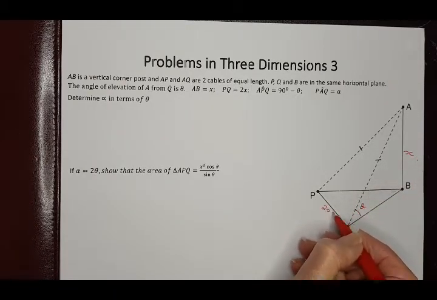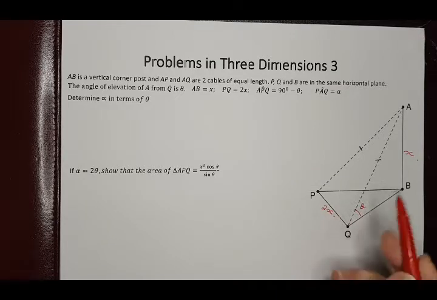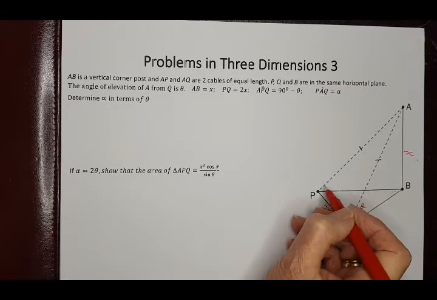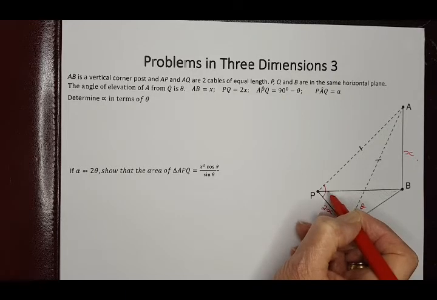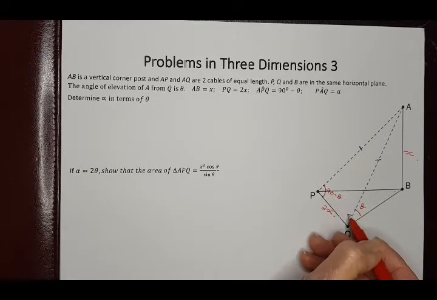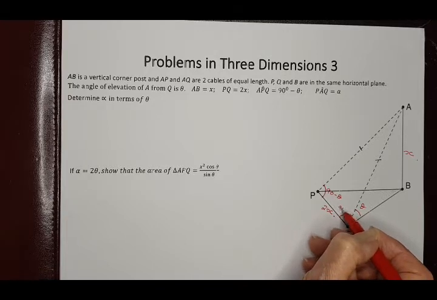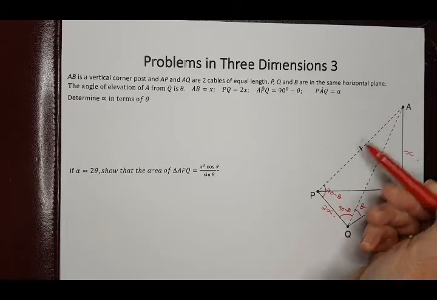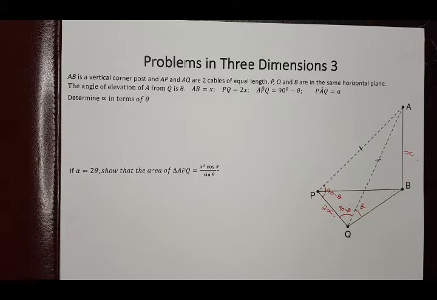PQ is equal to 2x. And APQ, this angle over here, is 90 minus theta. And of course, that one over there would also be 90 minus theta because this triangle is isosceles.